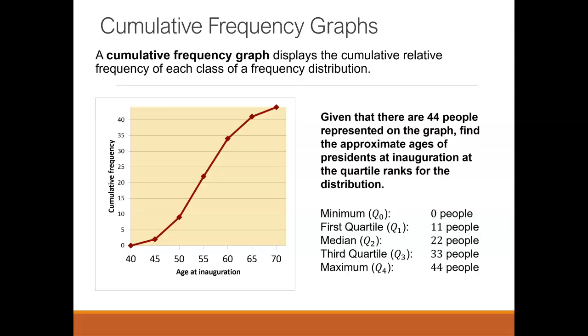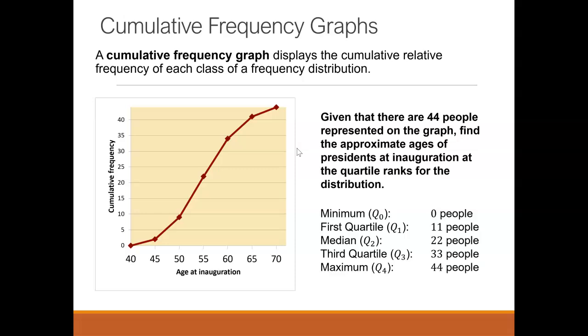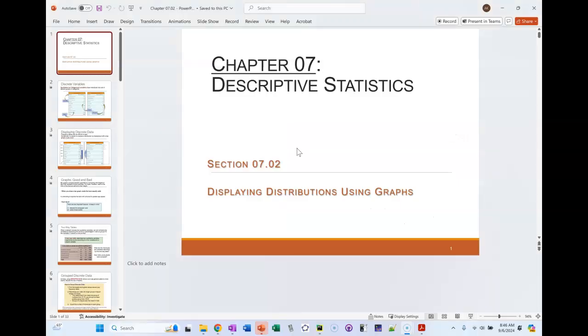I had to figure that out before I could draw that over and down to estimate the ages. For the cumulative relative frequency graph, I already have percentiles over here, so I don't have to do any conversion. All right, we're done with that.